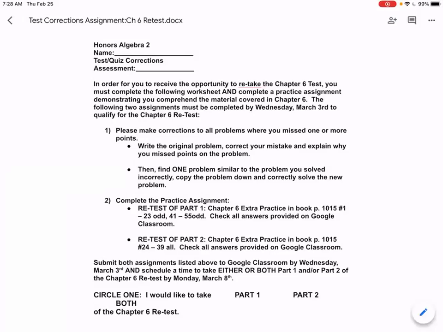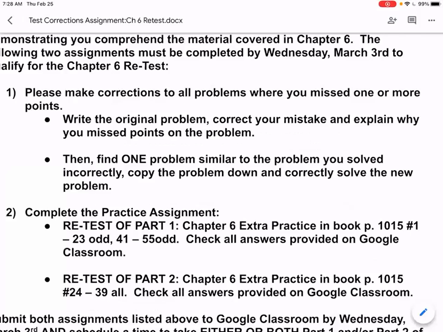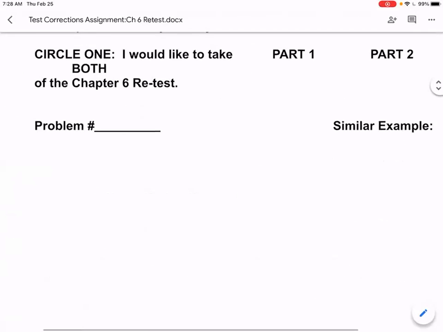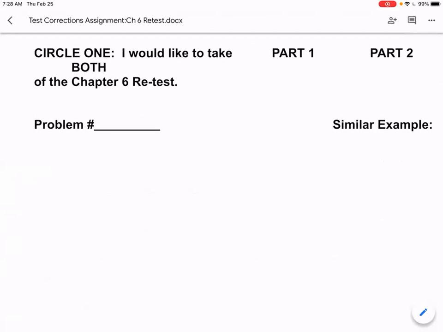It's totally your call. In order to complete the Chapter 6 retest, the first thing you have to do is make corrections to the problems that you missed. And I have my standard form where you write the problem number down. You repeat the original problem and then correct it.